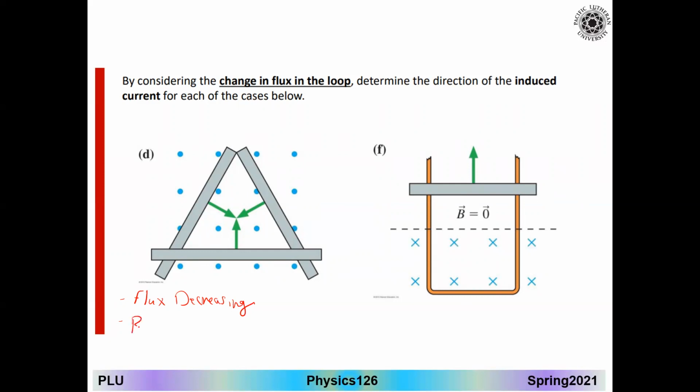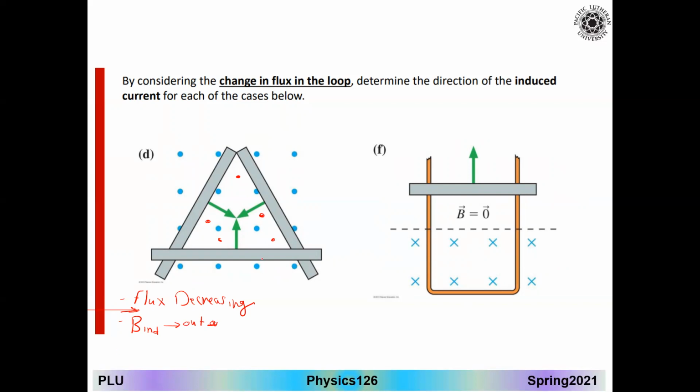So the induced magnetic field will try to replace that decrease, and the decreasing field points out of the page. So you're going to generate a magnetic field pointing out of the page to replace that direction.